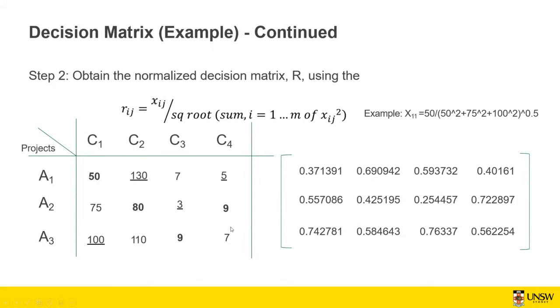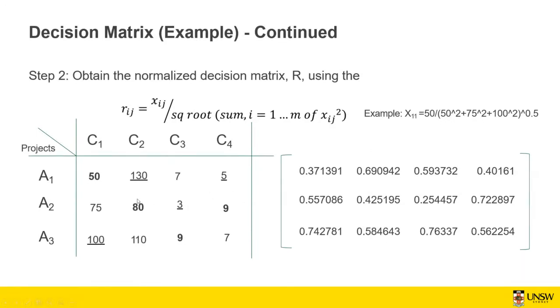Let's go through one by one. For C1, for the A1 project, we got the value of 50. How do we normalize it? As you can see here, you have 50 on the top, and this is divided by this equation. What is this equation?